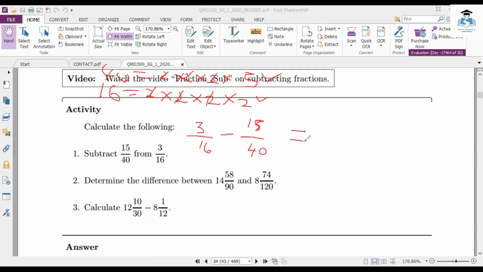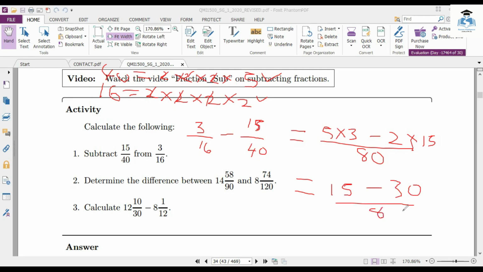So here it equals 80. 16 into 80, 5. 5 times 3, minus 40 into 80, 2. 2 times 15. So 5 times 3, 15, minus 2 times 15, 30 over 80.